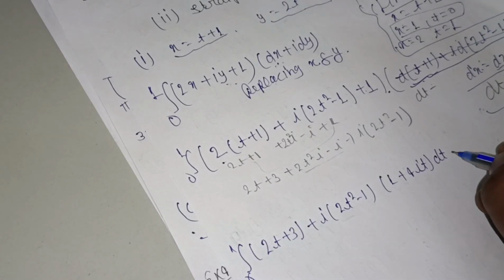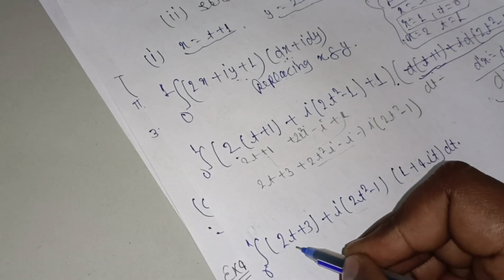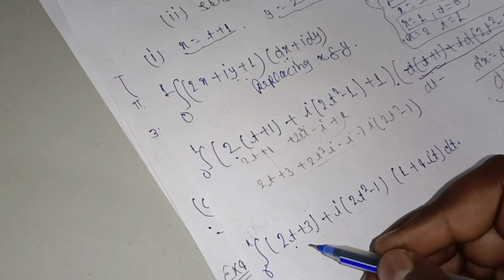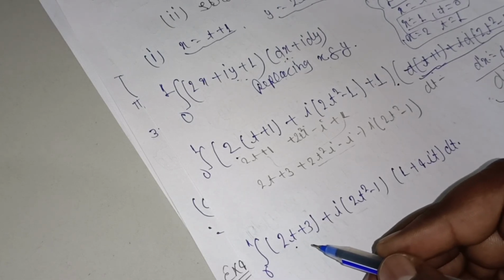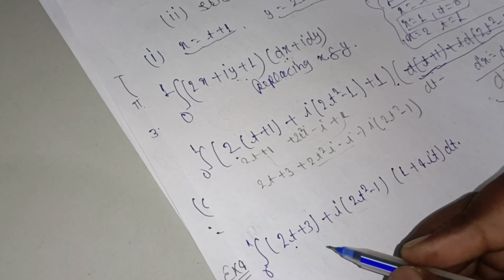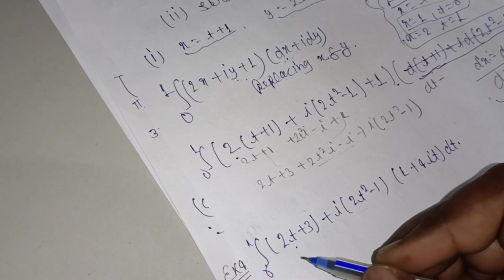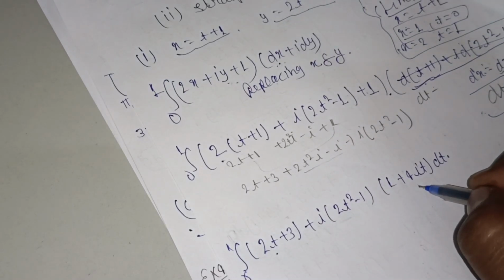Okay, so 2t plus 3. Now simply what we have to do is 4 iota t.